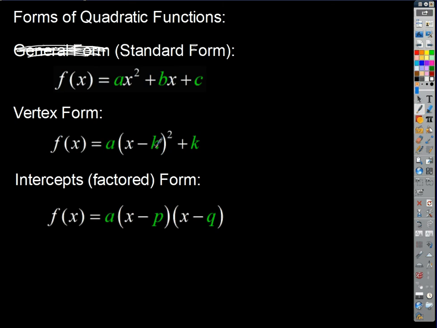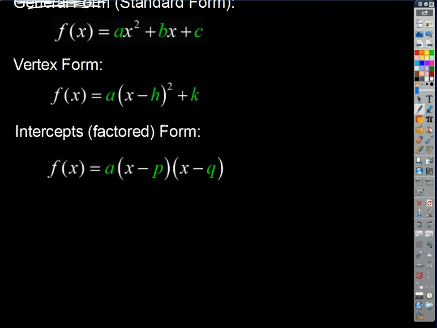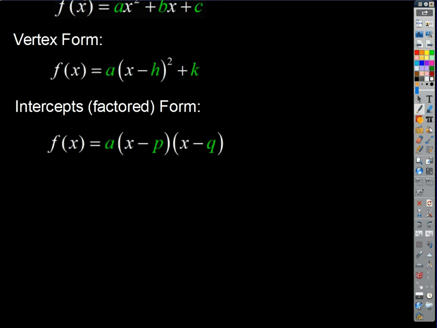Okay, what's intercepts form? Intercepts form is like a factored form, and with intercepts form, the values of p and q are the x-intercepts. So many times that's equal to just what we get when we factor.